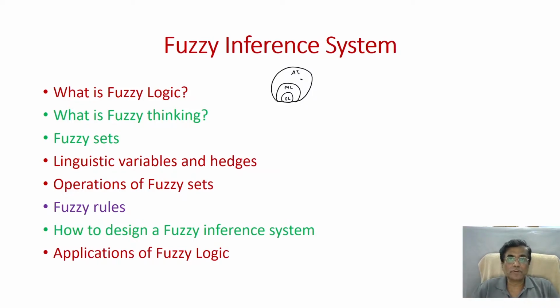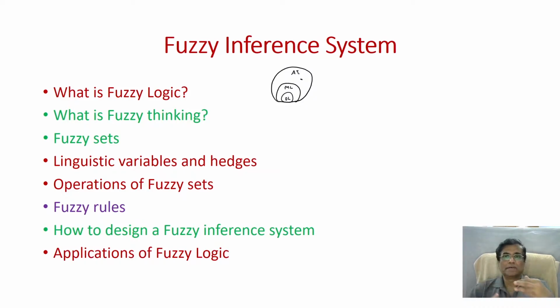Will you calculate the mass of the hammer and the initial speed and how long it is going to take to reach your head? No, of course not, right? Oh, the hammer is falling, flee, run away. So this is the fuzzy behavior you are exhibiting, which is very practical and very useful, right? So that's what fuzzy logic is, and that's what fuzzy thinking is.